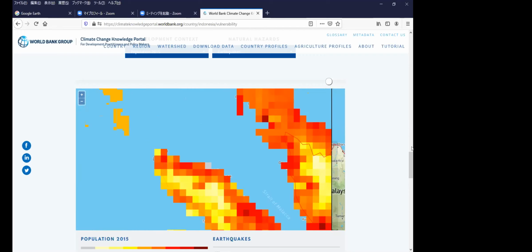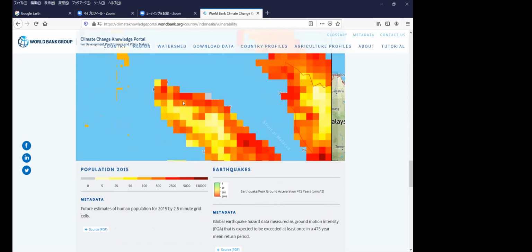and we can see the red dot pixel. So it shows the population density per square kilometer by this color bar. So it's almost red.